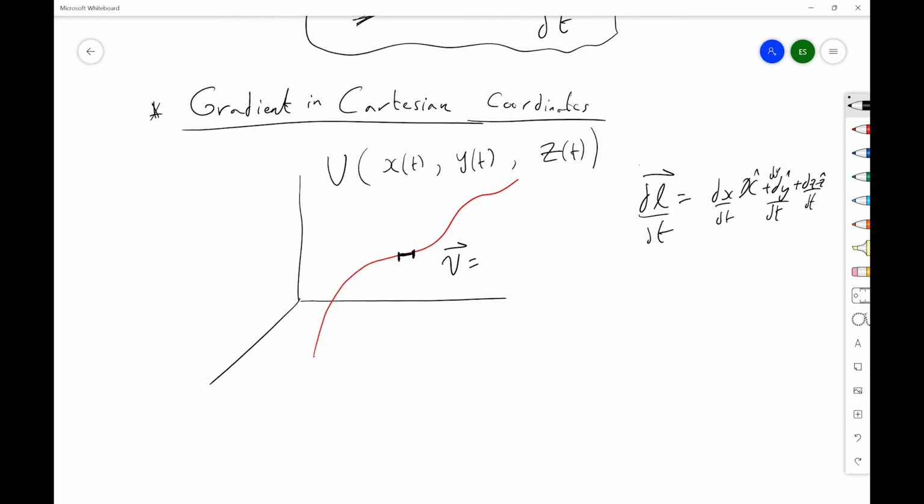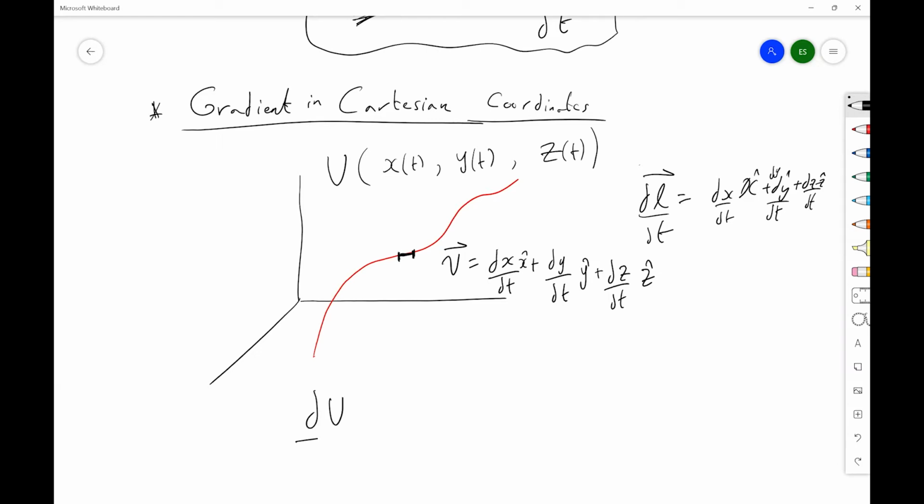So the velocity is just going to be equal to dx over dt x hat plus dy over dt y hat plus dz over dt z hat. Okay, this is what the velocity is.